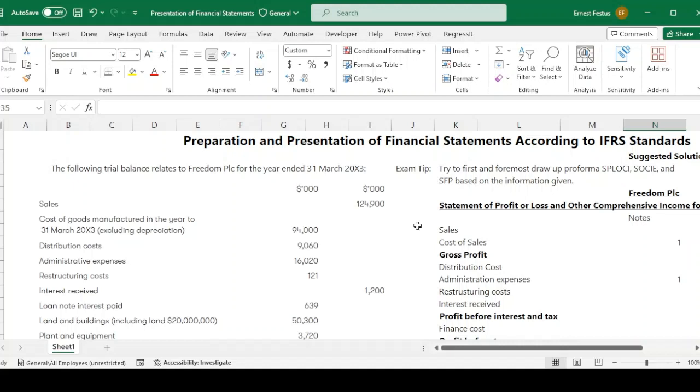And so to be able to get going with the preparation and presentation of financial statements according to IFRS, you are supposed to familiarize yourself with some of the popular standards, and I mentioned that already.